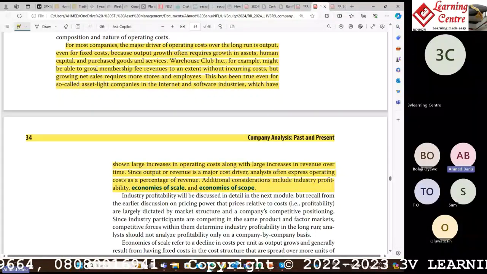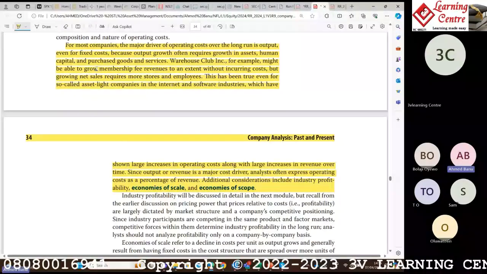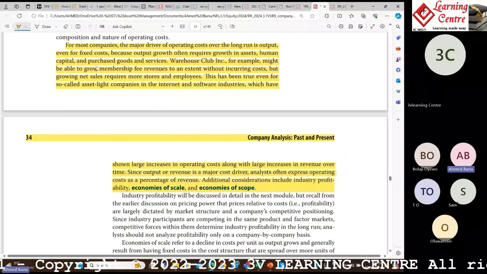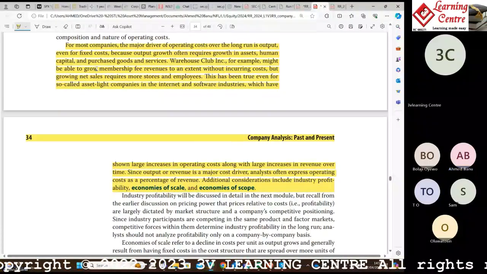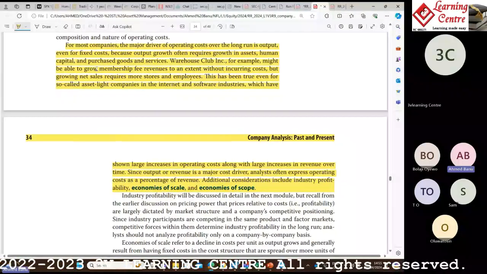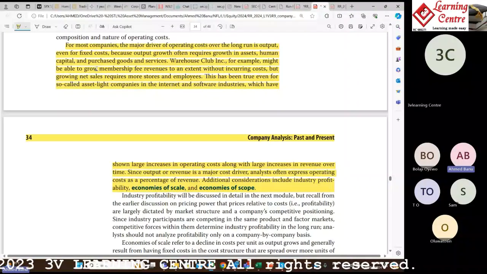So for most companies, the major driver of operating costs over the long run is output, even for fixed costs, because output growth often requires growth in assets, human capital, and purchased goods and services.